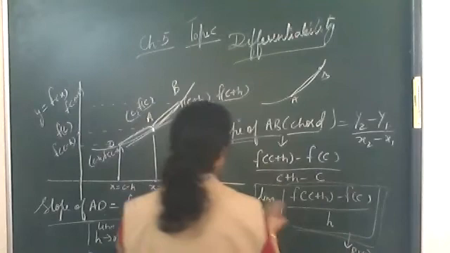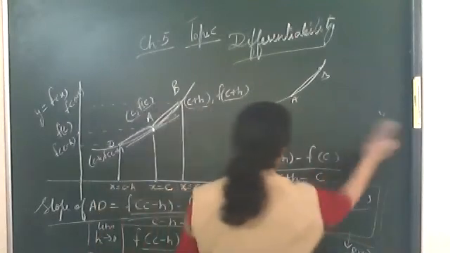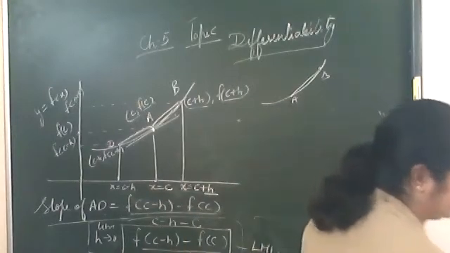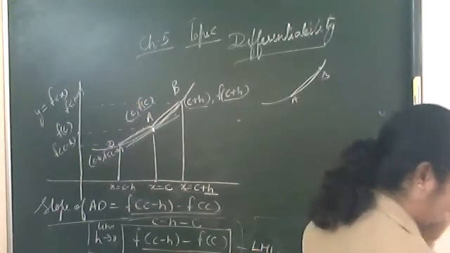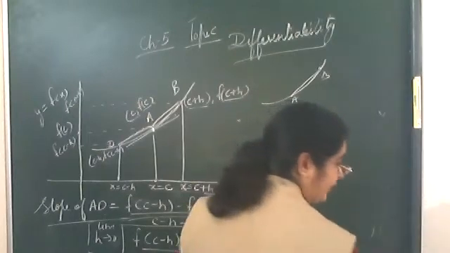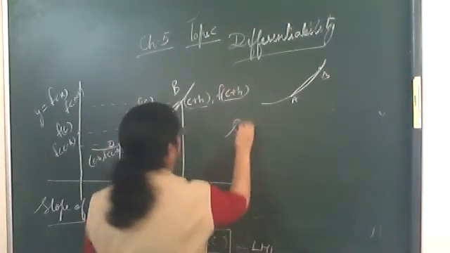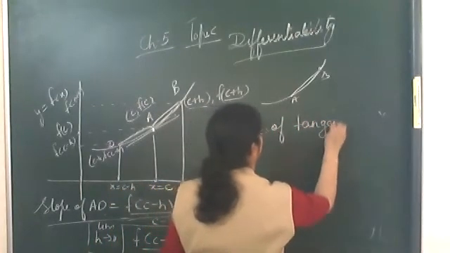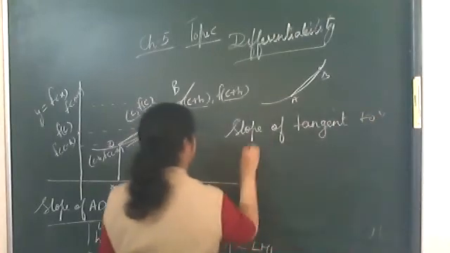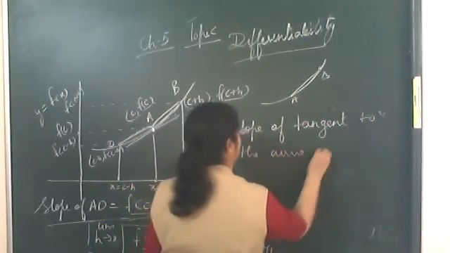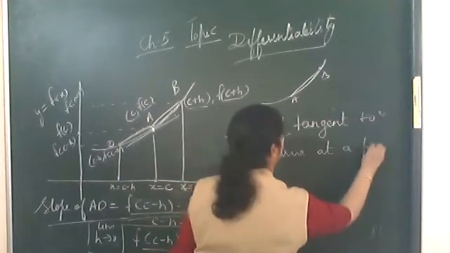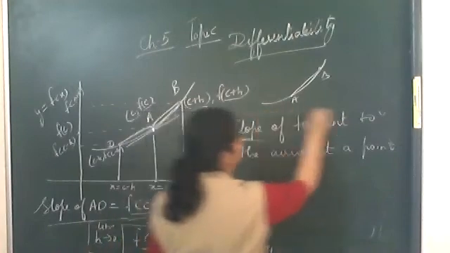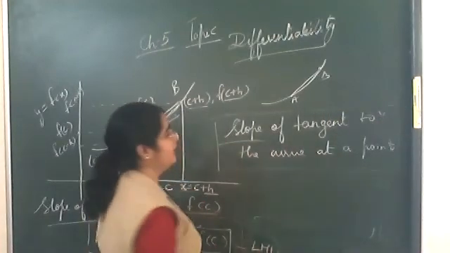How can we write that? Write down differentiability. How can you define it? Differentiability can be defined as the slope of the tangent to the curve at a point.